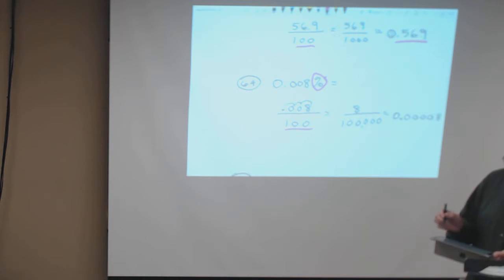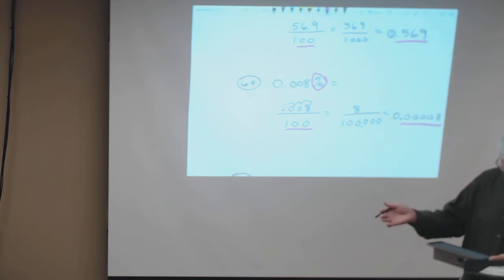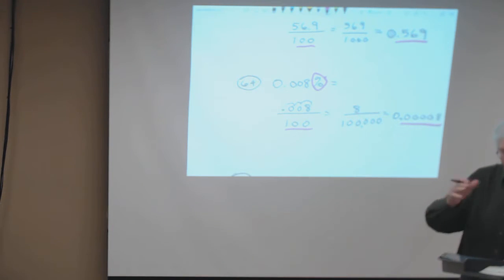Now you can change it, but if you just take 0.008 and divide by 100, you'll get this answer. So you don't have to put this step in here. I just put it in here because it's fun. And it helps you kind of practice what we were doing in the last one when you're changing things to a fraction. Kind of ties it all together.